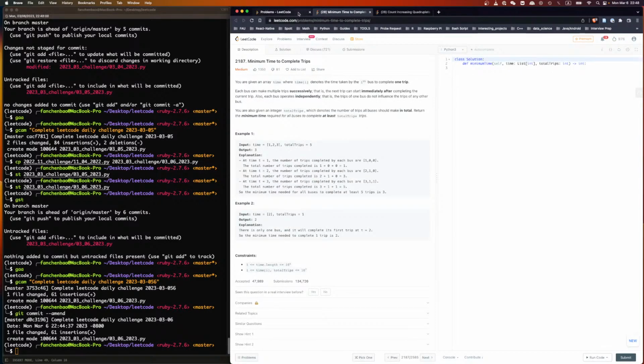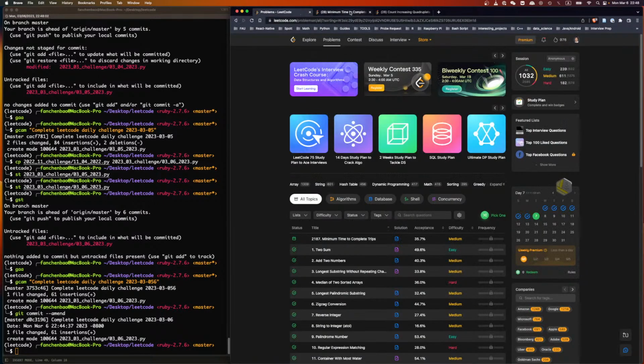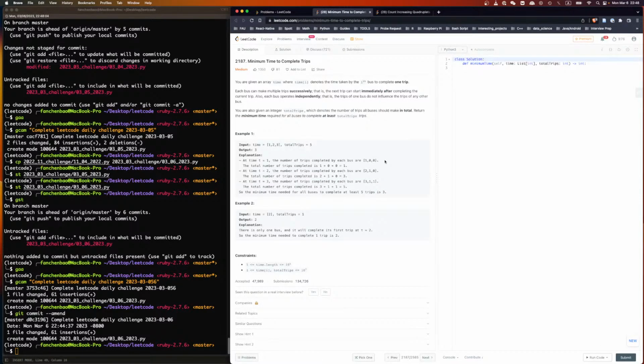Looks to be a difficult one because only 35% passing rate. Minimum time to complete trips. Have I done this? 2,100, maybe not. You're given array time, and time[i] denotes the time taken for the ith bus to complete one trip. Each bus can make multiple trips successively. That is, the next trip can start immediately after completing the current trip.